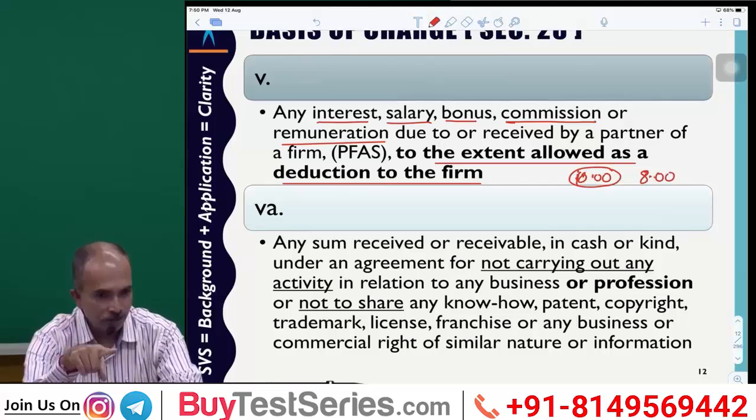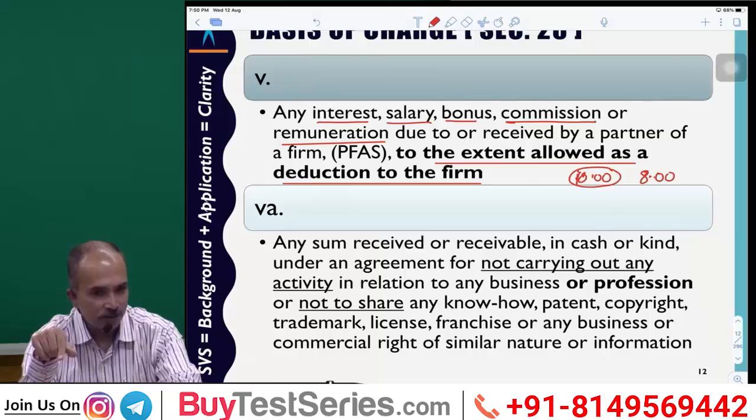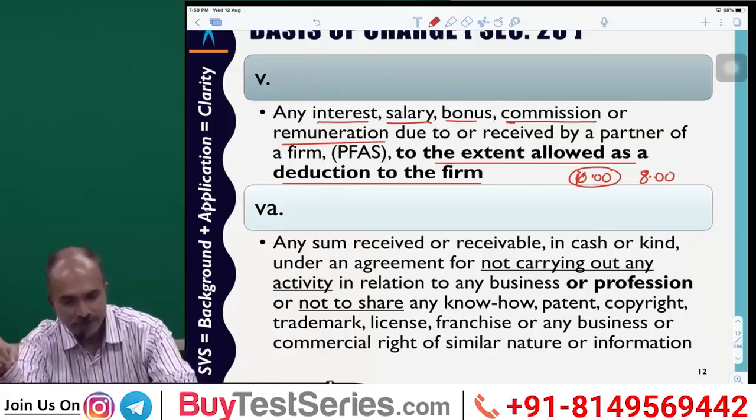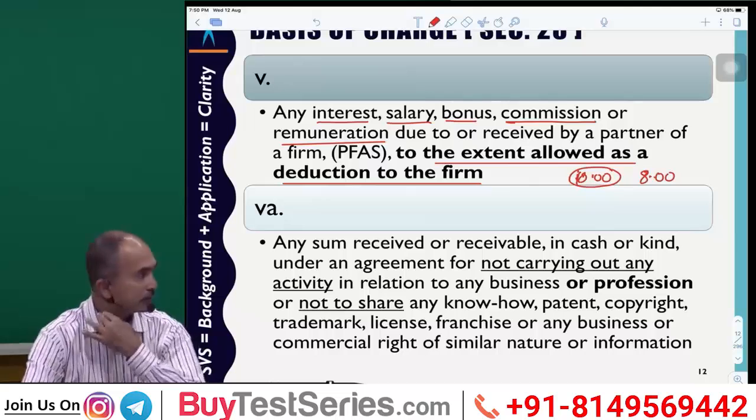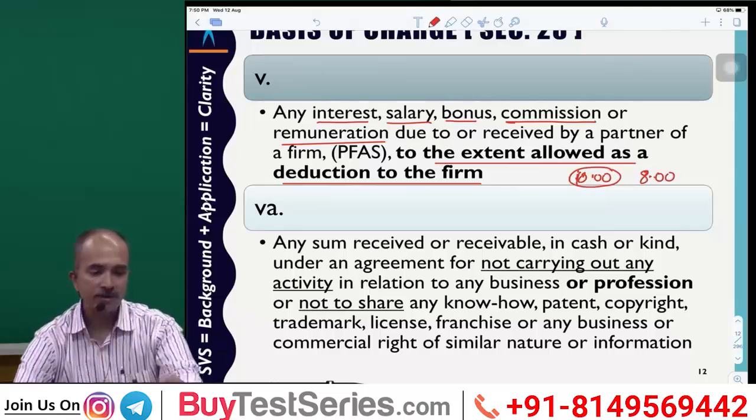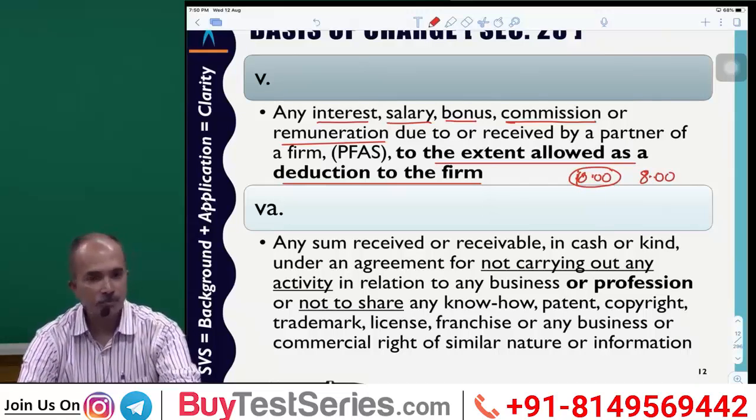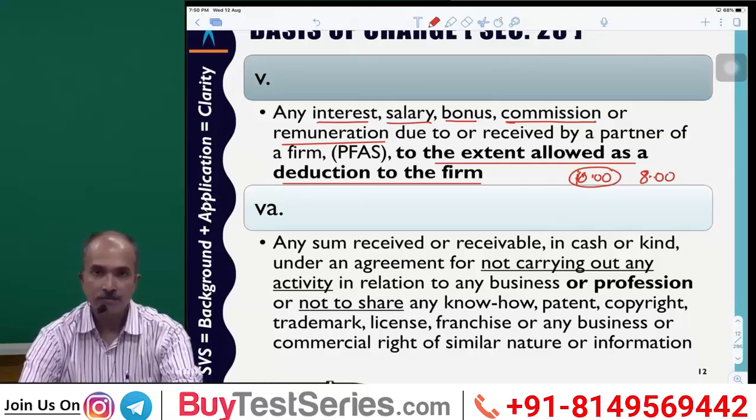So the entry in the books may be of a higher value. What will be taxable to the partner? The actual deduction allowed to the firm will be taxable in the hands of the partner. 28 Roman 5. And of course the character is business profession. Fair enough.